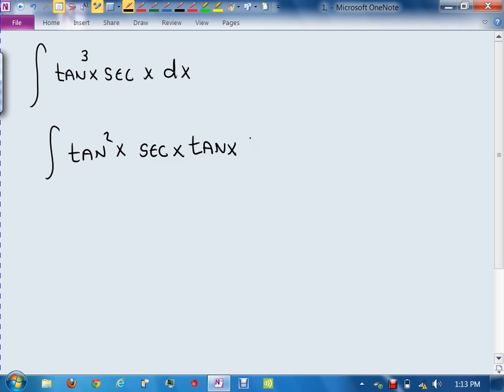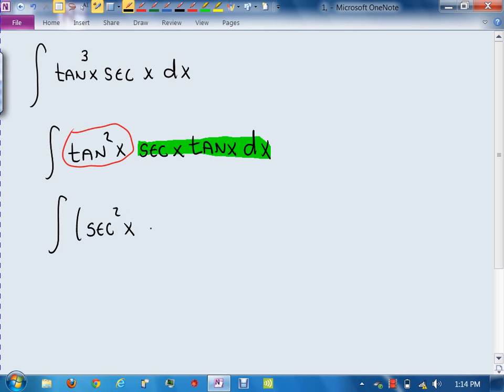Okay, so if you peel off one tangent, then can you see that you've got a secant x tangent x dx like this? That's the derivative of secant. But you don't have secant, you have tangent squared, but there's a Pythagorean identity that allows you to turn tangent squared into secant squared x minus 1, secant x, tangent x, dx.